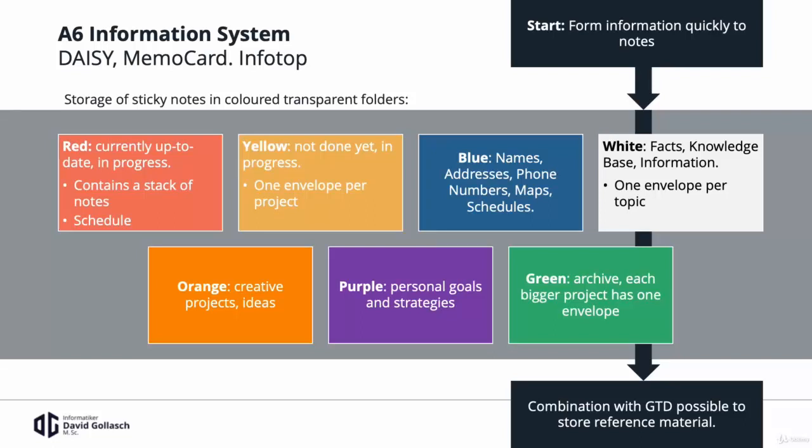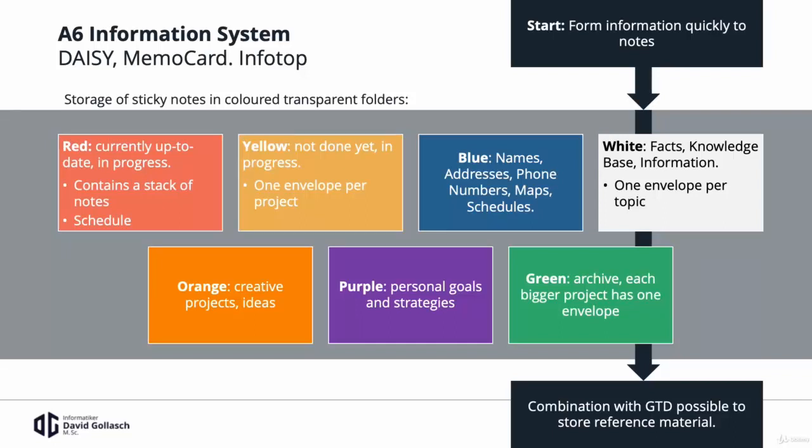So you should distinguish them. And the orange and purple one as well is something that is very future oriented. So with your personal goals and ideas for the future, they can be bundled as well with the same or similar color, of course. And the archive doesn't matter how it really looks here.